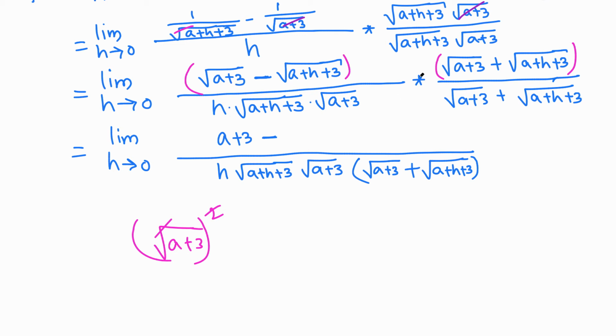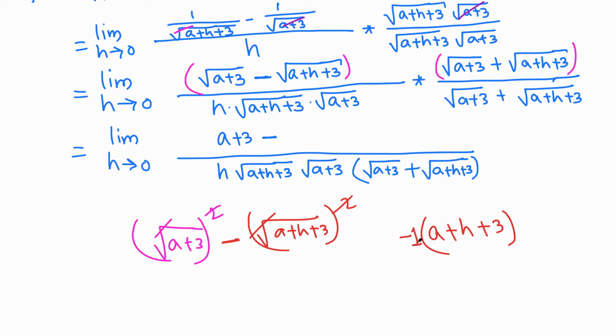That's the u squared, and now we have minus v squared. So this one times this, a plus h plus 3, the v squared, that cancels as well. So a plus h plus 3, but we have to be careful, there is a negative outside, that means negative 1. Now we need to distribute, so negative a, negative h, negative 3.